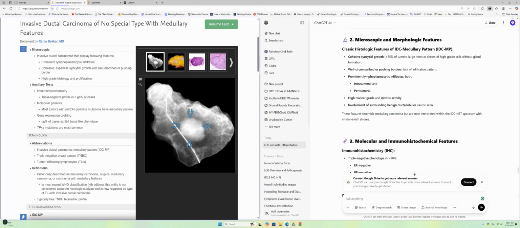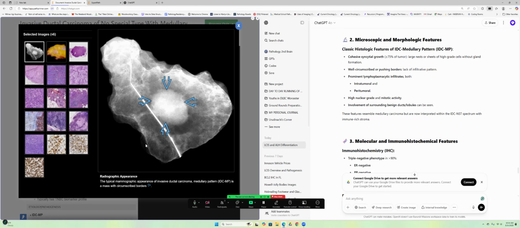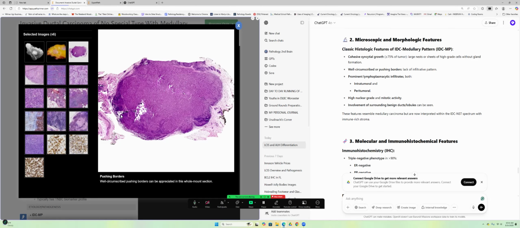They are well circumscribed or have pushing borders, so they don't have an infiltrative pattern. If you look at this tumor here, it looks well circumscribed. What is a pushing border?